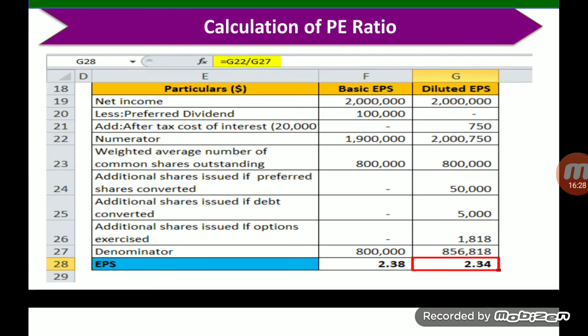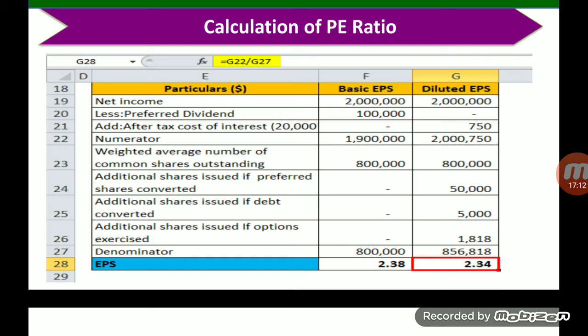Here is also the calculation with the help of Excel. We can show that net income is this much, and all the amounts given here. If we divide the net income by the average number of common shares outstanding, then we get the basic EPS at the end, which is 2.38. Here what happened?